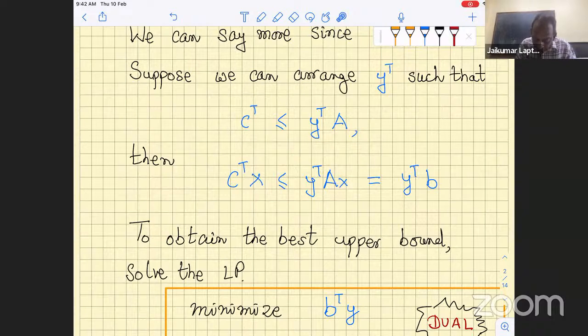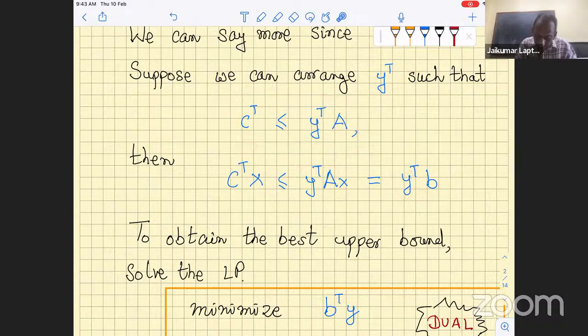But right now, we have AX equal to B because we are still working in the equational form. So this quantity is equal to this, and we have a theorem similar to what we had before. Last time we knew that if there is a feasible X, then that feasible X will already be optimum, and its value is completely determined by this magic Y, which was designed for this.